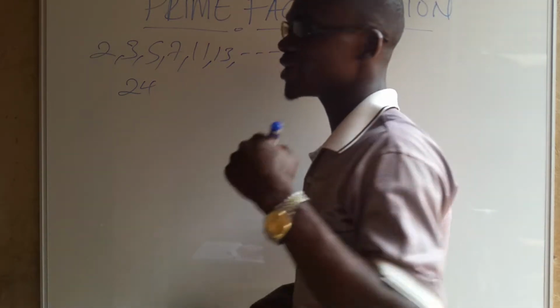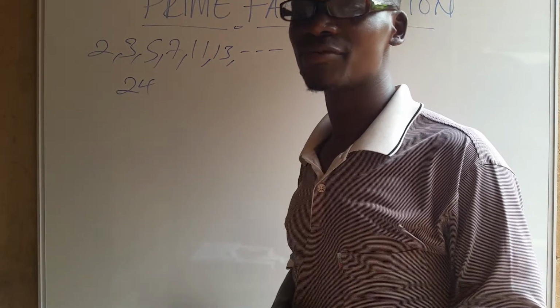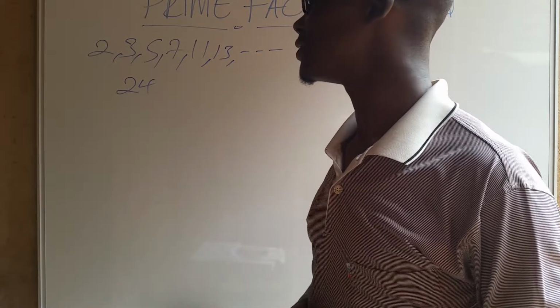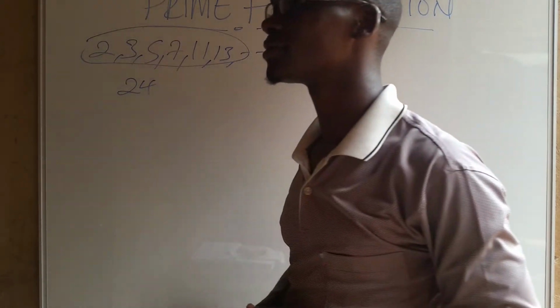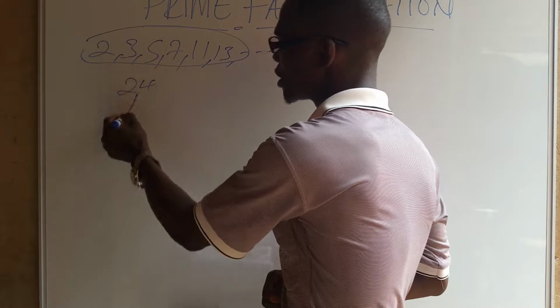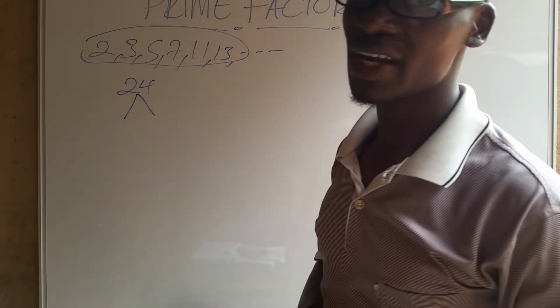But if we are to express 24 as a product of its prime factors, that means we are using these numbers. That is to say, we shall decompose 24 using the prime numbers.